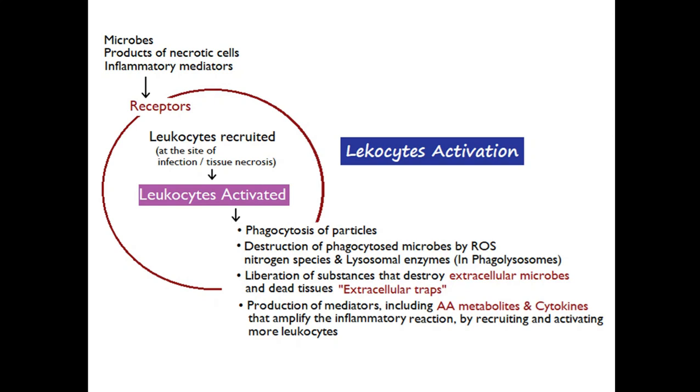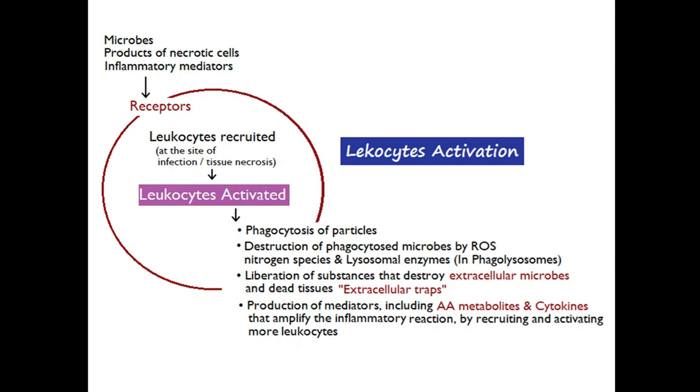First, leukocytes were recruited, and then these recruited leukocytes are activated. As we know, the microbes and products of necrotic cells and inflammatory mediators are recognized by the pathogen recognition receptors, right? And this recognition then leads to the activation of leukocytes.